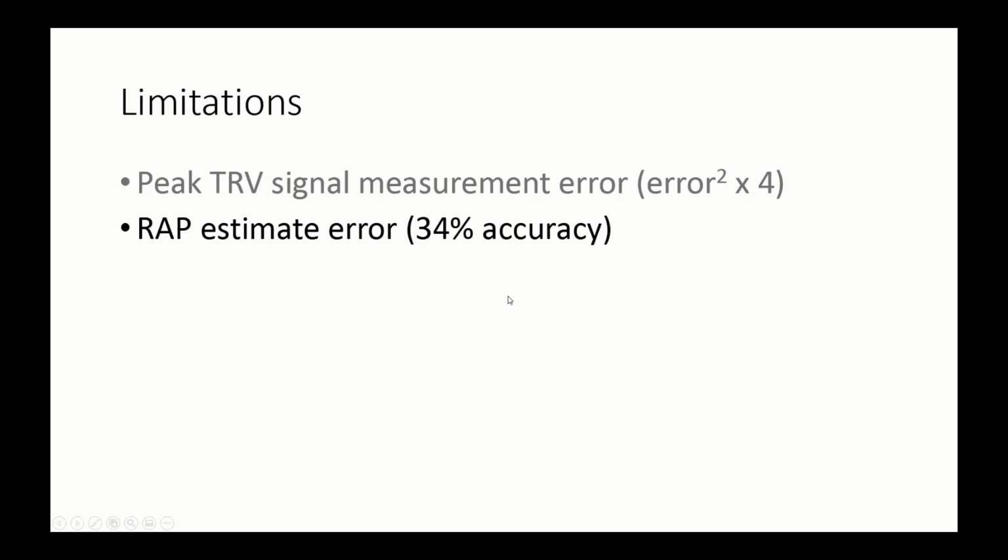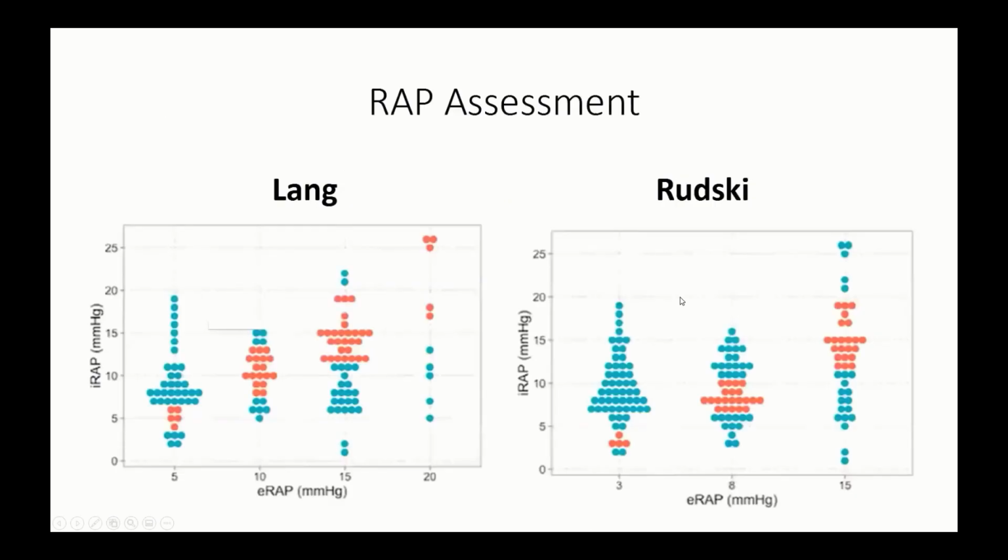Looking at the IVC has an accuracy rate of only 34% compared to invasive measurements of the right atrial pressure. And this is the number you're going to add to the transvalvular gradient. So there are a couple of schemas, and a meta-analysis or a report of multiple schemas to measure and predict the right atrial pressure using ultrasound compared in 200 patients to an invasive measure for those who were going through right heart cath.